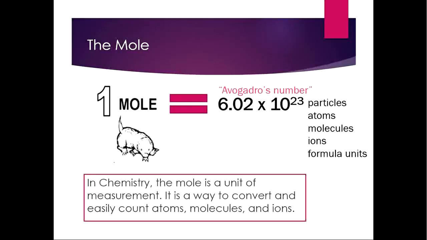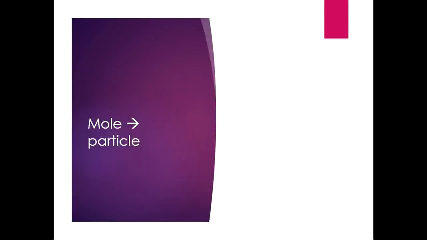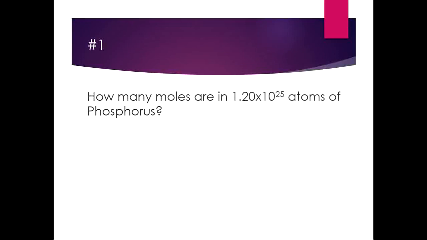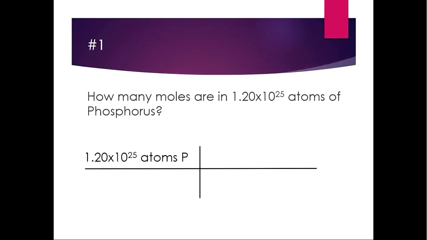So now let's use dimensional analysis to help us convert moles to particles and vice versa, particles to moles. How many moles are in 1.20 times 10 to the 25 atoms of phosphorus? So we want to set up our fence, and we begin with the top left corner with 1.20 times 10 to the 25 atoms of phosphorus.